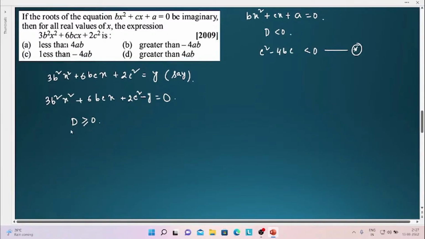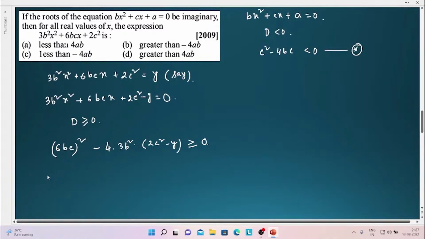Let me check what the discriminant will be. It will be 6bc whole square minus 4 times 3b square times 2c square minus y, which is greater than or equals to 0.